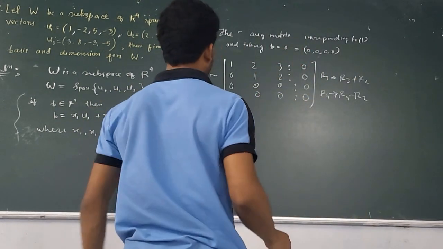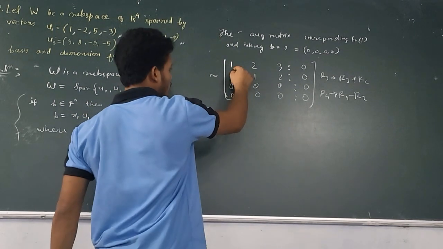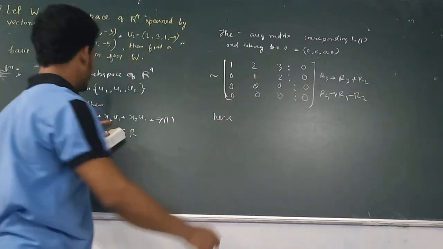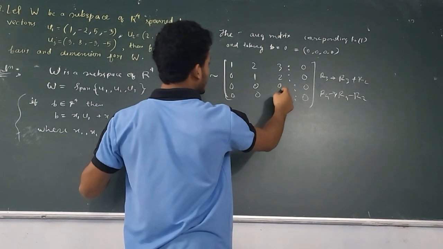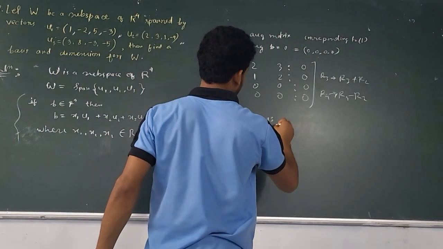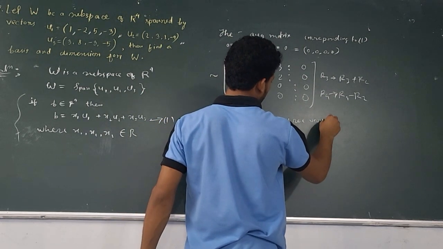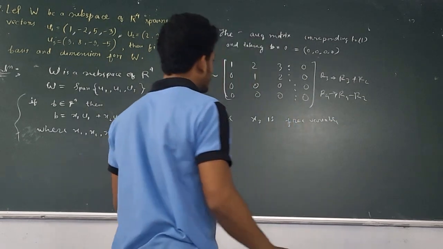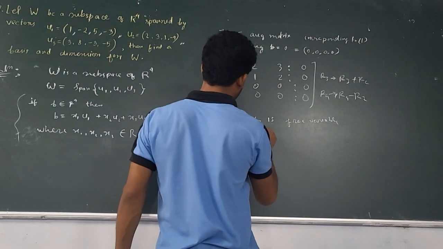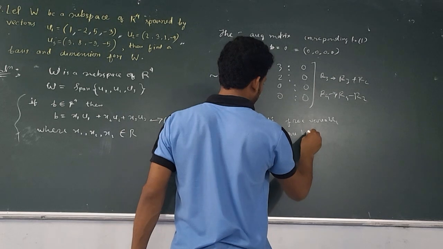That means this is the position for x1, this is the position for x2, and this is the position for x3. x3 is a free variable. x1 and x2 are basic.